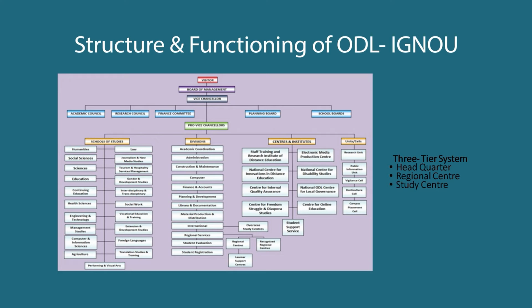After the regional center, under each regional center, you can see different study centers. So how does it happen? Normally students go to the study center, which is the first meeting point of the learner. In the beginning they take admission by visiting the study centers.